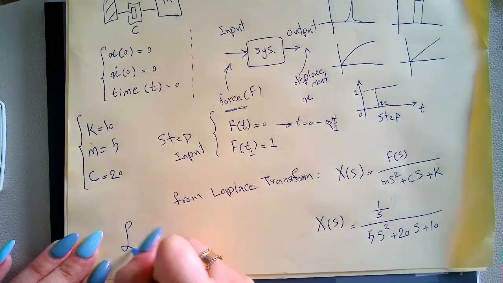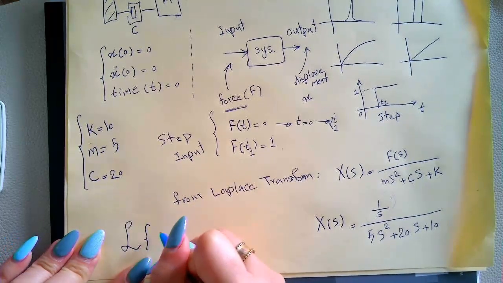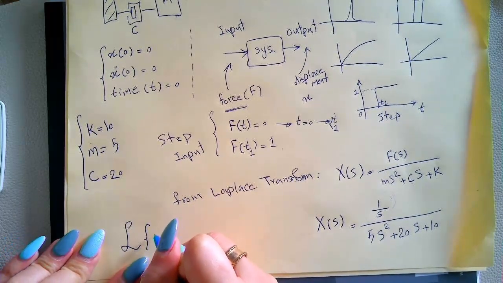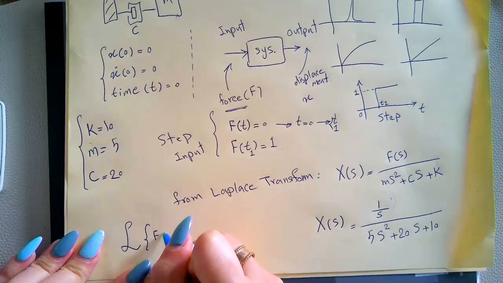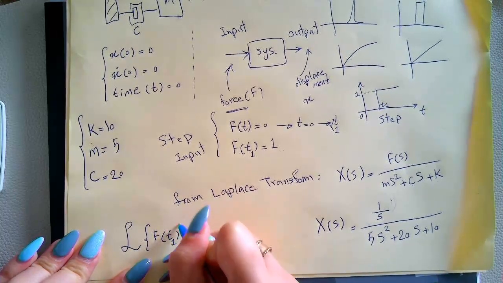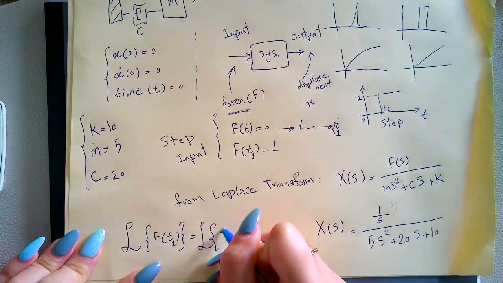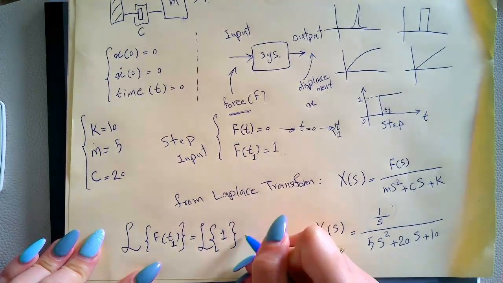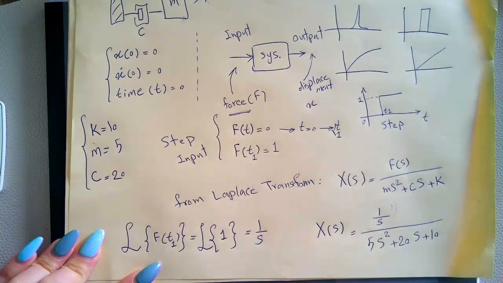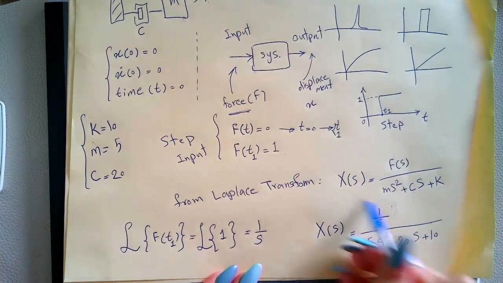So the Laplace transform of f of t, which is the Laplace transform of 1, will be 1 over s. That's what happened here.